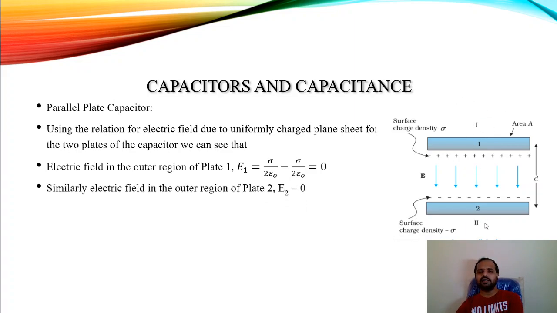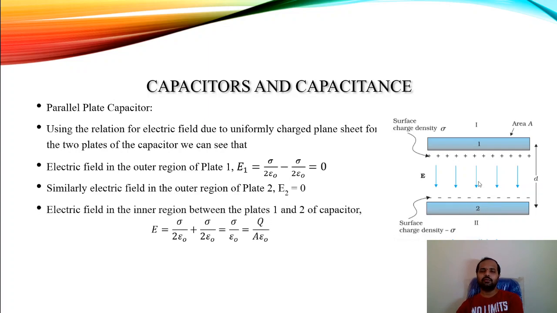Similarly, we also have the electric field being equal to 0 in the region outside plate 2. However, the electric field existing within this particular region is going to be E equals sigma by 2 epsilon naught for the positively charged plate, plus, for the negatively charged plate, since the direction of electric field is opposite, we take minus of minus sigma by 2 epsilon naught, which becomes plus sigma by 2 epsilon naught.